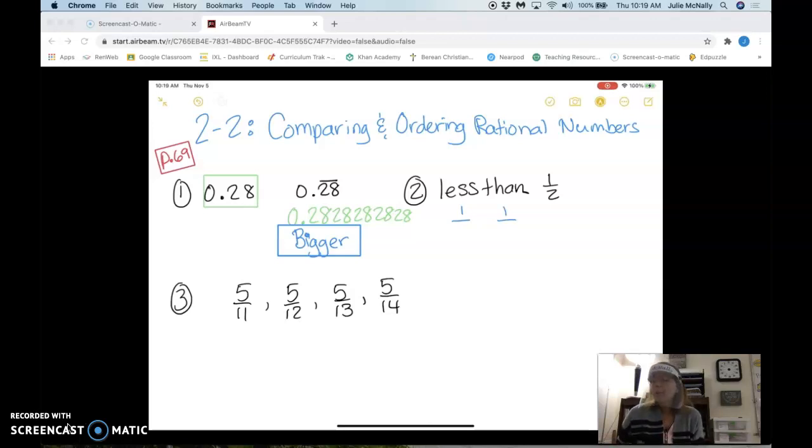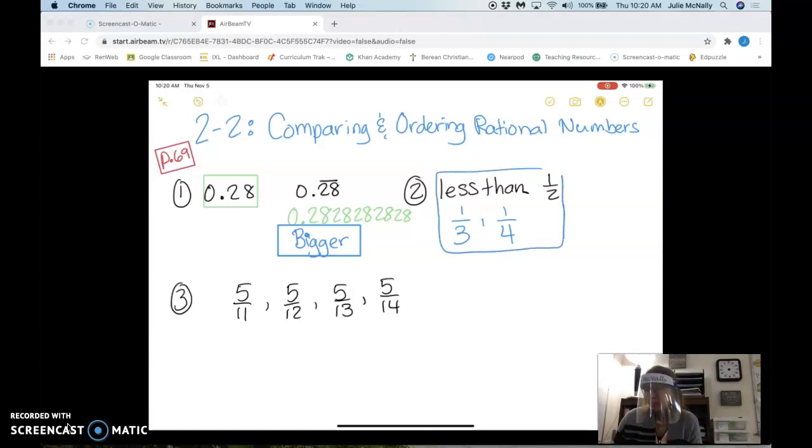And I want my bottom number to actually be bigger than 2. So give me a bottom number that's bigger than 2. 3. 4. Perfect. So these 2 fractions are less than 1/2.